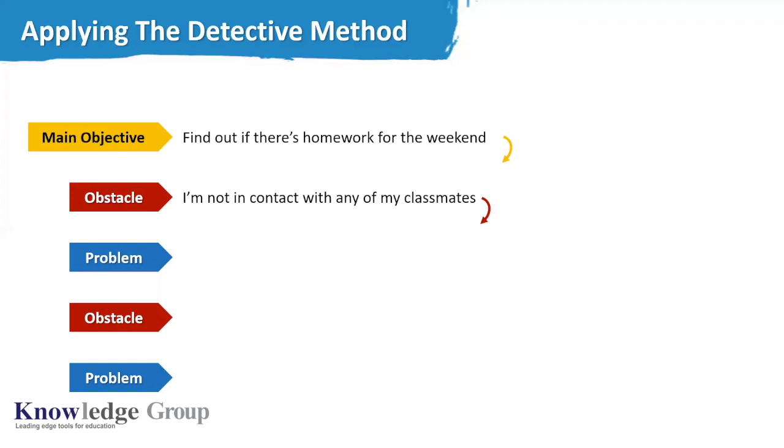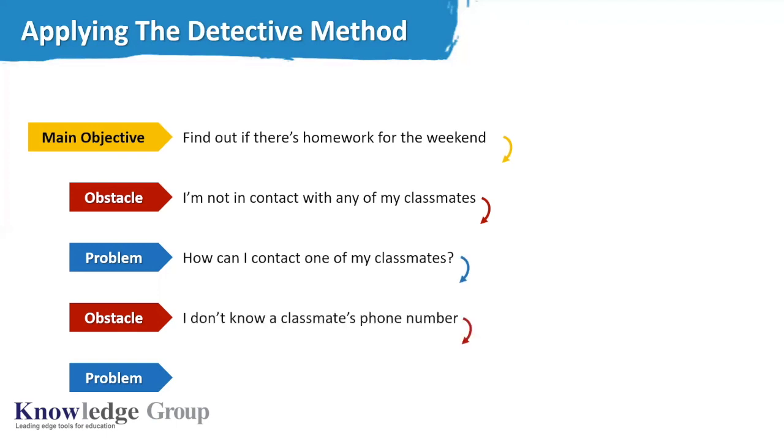Now, in this question, we can identify another obstacle. Alex doesn't know any classmate's phone number, so that is a problem. And that leads us to another obstacle: how can he get a classmate's phone number or an email address?